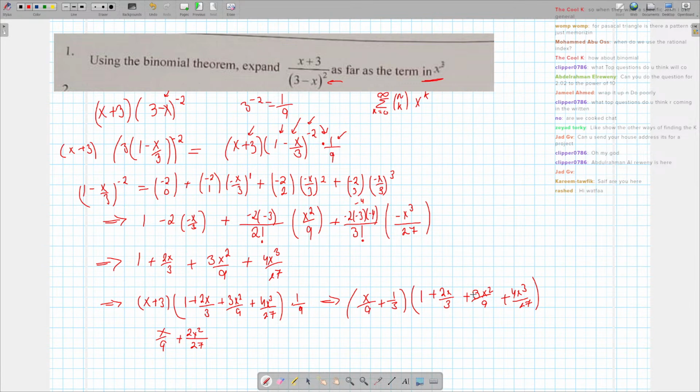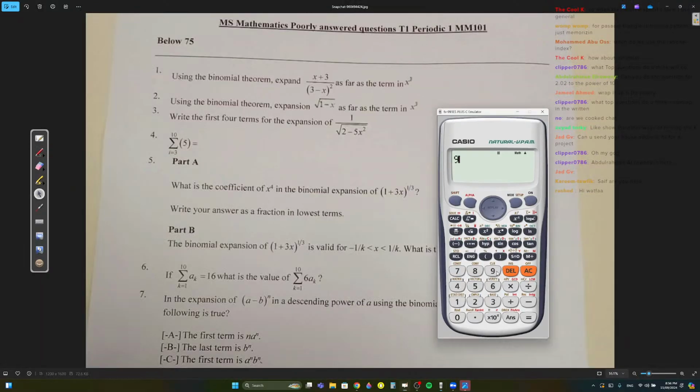X over 9 times 3x squared over 9: x times 3x squared is 3x cubed over 9 times 9, which is 81. Plus x over 9 times 4x cubed over 27: x times 4x cubed is 4x to the power of 4 over 9 times 27, which is 243.